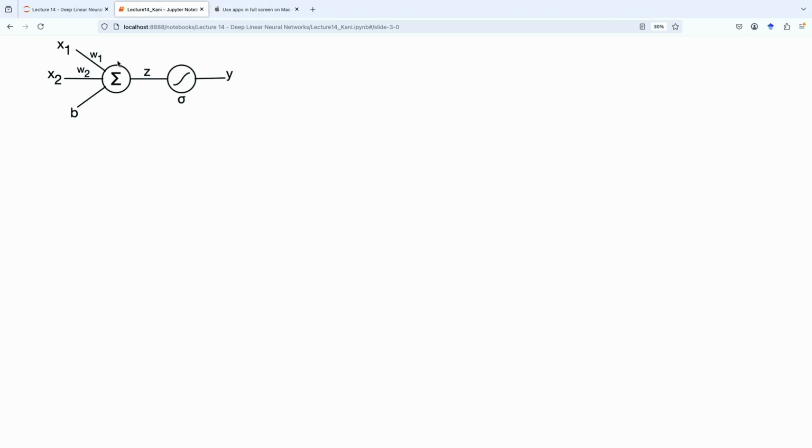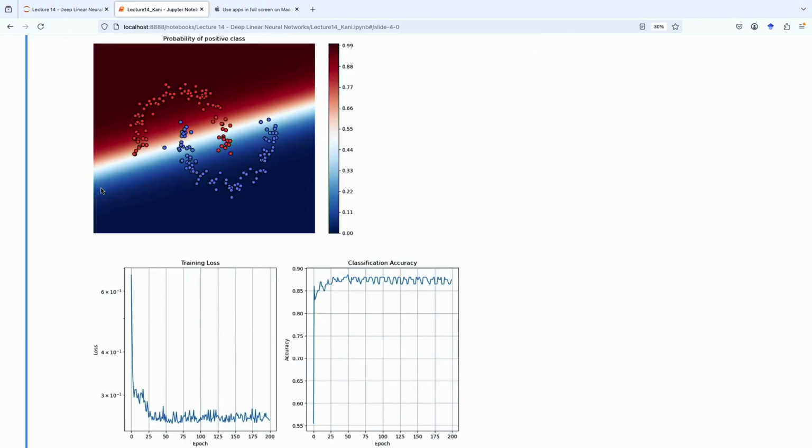So the boundary we're going to get is a straight line. That's the limit here. We can't get a curved line because this is literally the sum of x1 w1 plus x2 w2 plus b. So all we have is a single straight line.